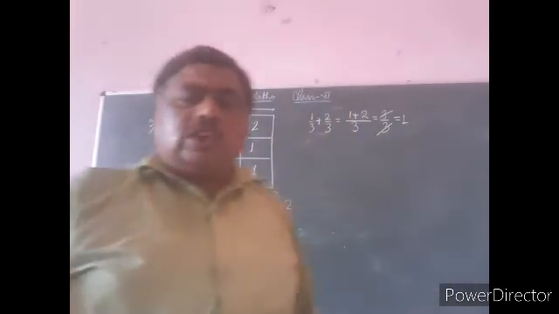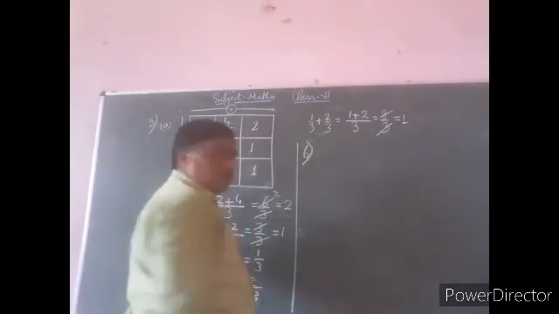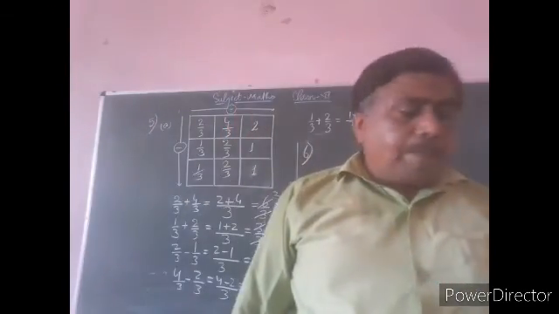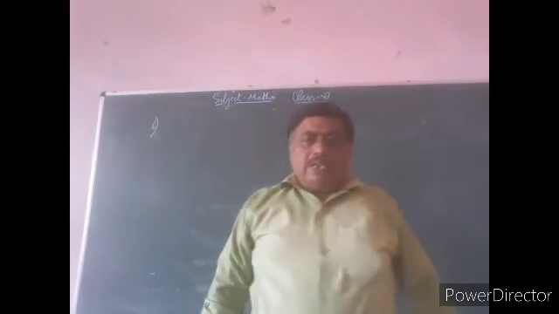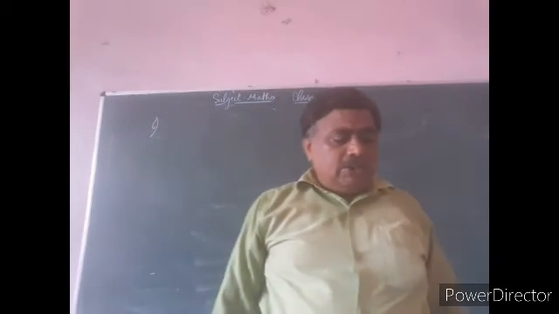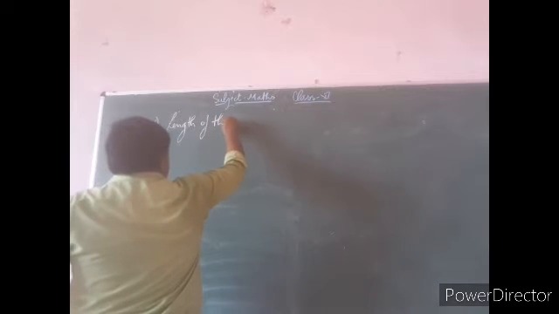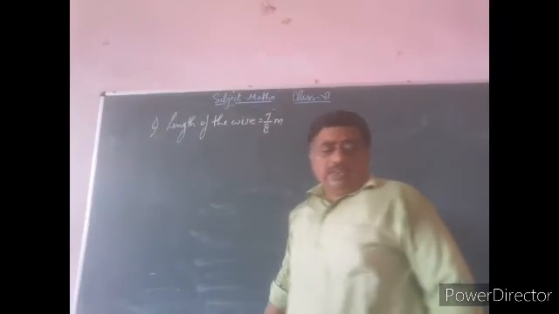Now question number 6. Here it is said, a piece of wire 7 upon 8 meter long. So length of the wire is 7/8 meters.